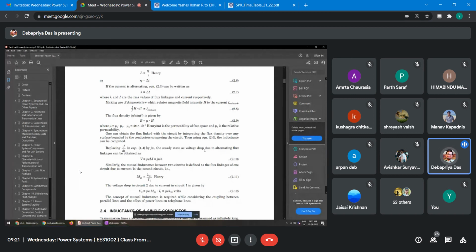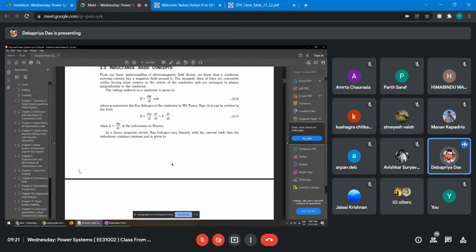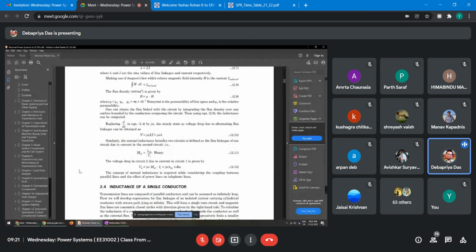And the steady state AC voltage drop due to alternating flux linkages can be computed as V is equal to j omega L i is equal to j omega lambda, right? Directly, E is equal to d psi by dt, and psi is equal to lambda is equal to L i, and d by dt we replace by j omega, right? And therefore, V is equal to j omega L i, that is j omega lambda, right?